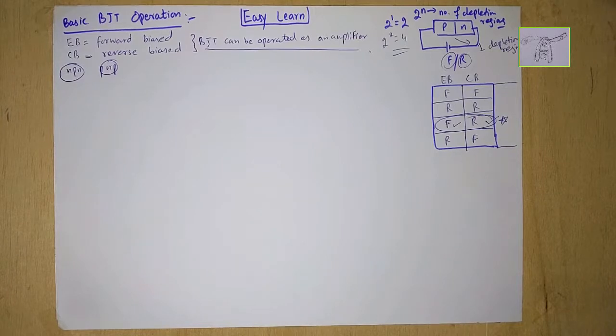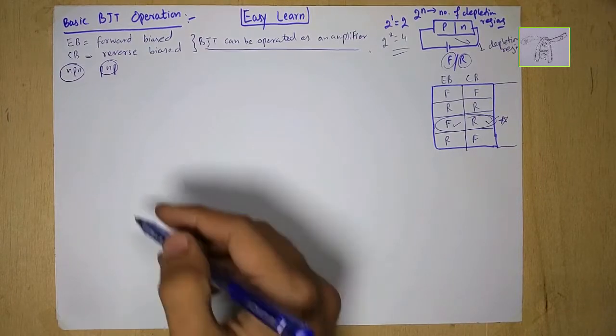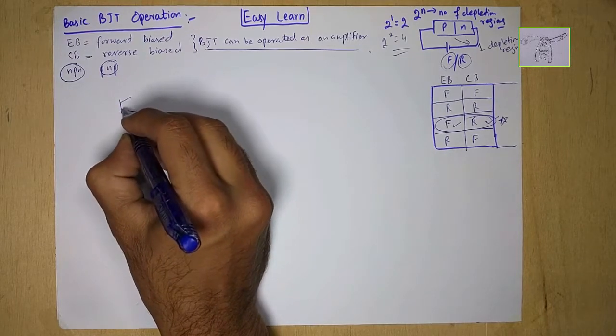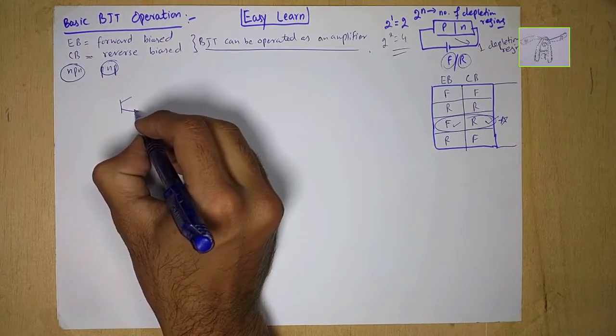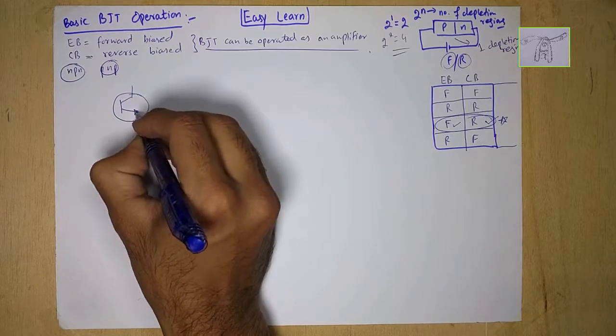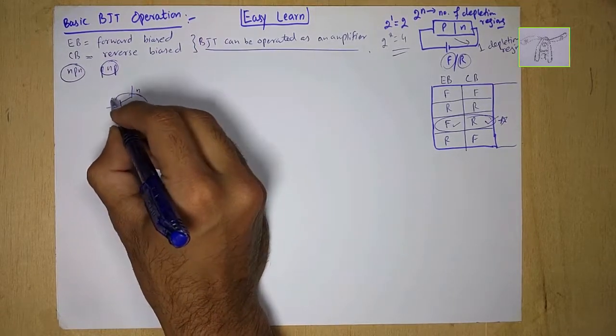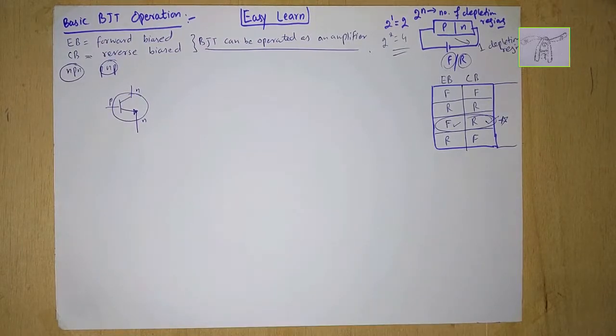The PNP case is the same, with N, P, N here. Everything is the same except the role of electrons and holes.